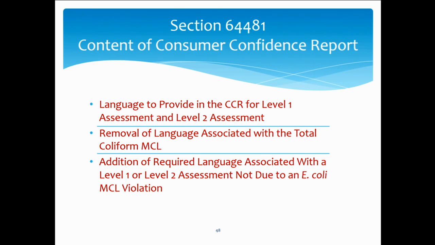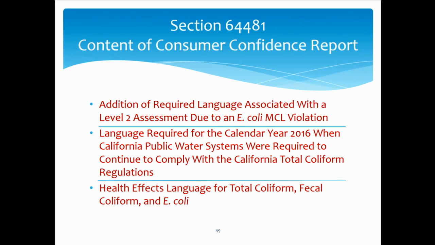Language to provide in the CCR for level 1 and level 2 assessments. Removal of language associated with total coliform MCL, addition of required language associated with level 1 and level 2 assessments not due to an E. coli MCL violation and due to an E. coli MCL violation.